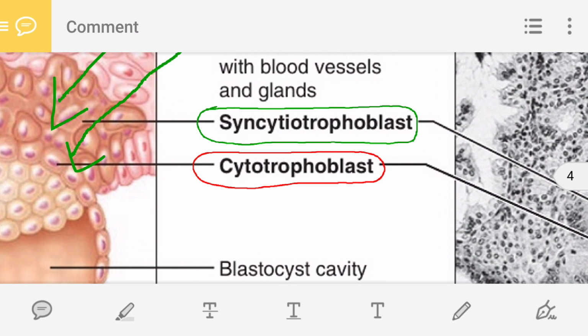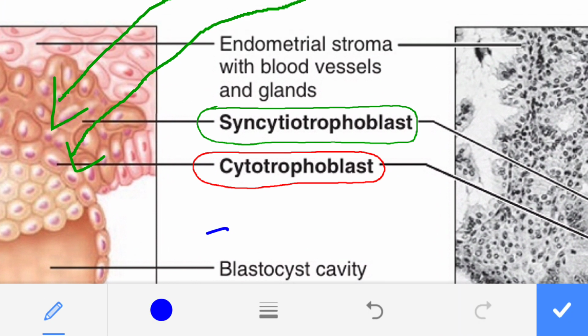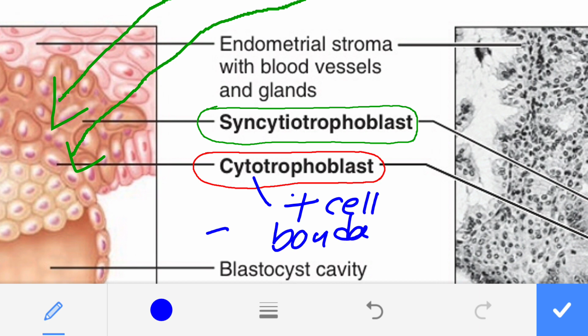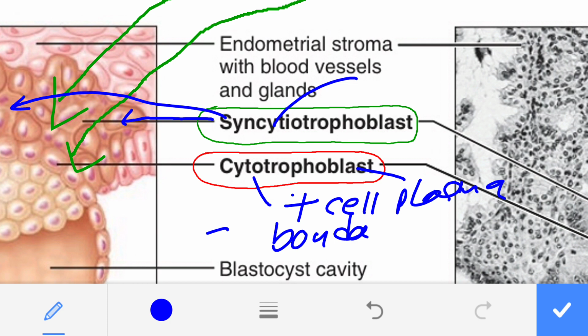Yes, these cells have cell boundaries, that means they have a plasma membrane, and in these other cells the plasma membrane ruptures.